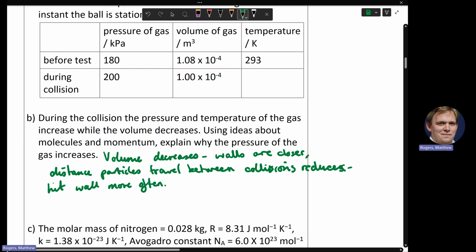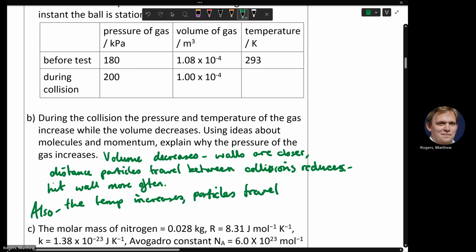But then we also have the temperature increases, so the particles travel faster. And again, this causes them to hit the walls harder and more often.